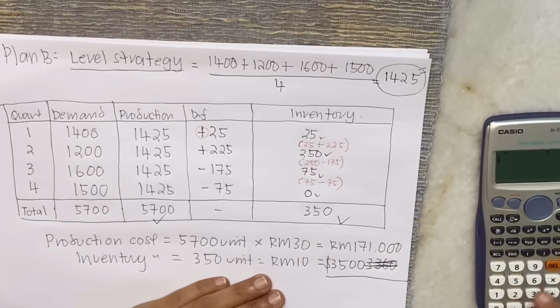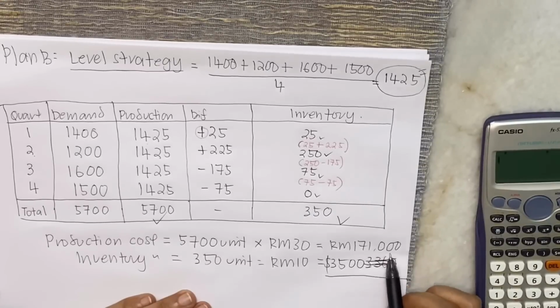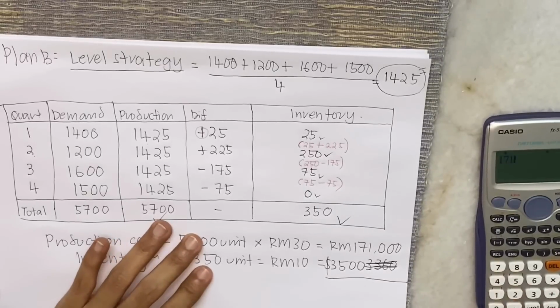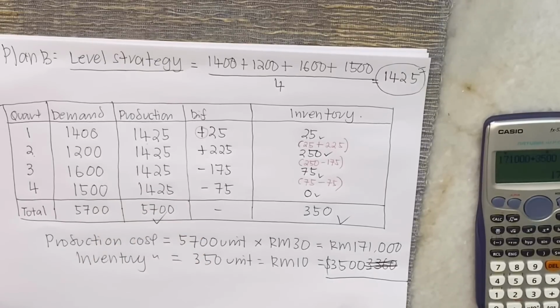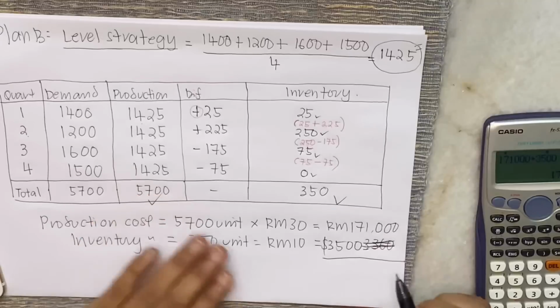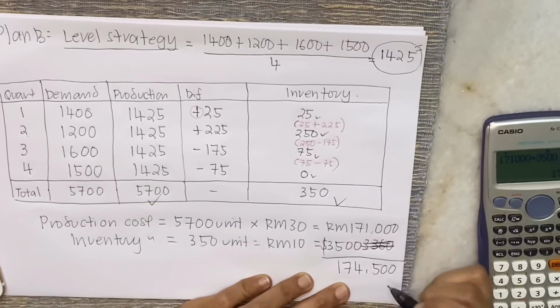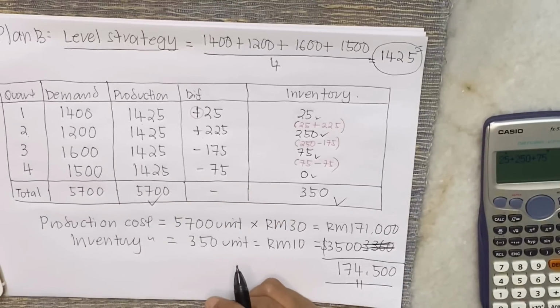So you campurkan dua. Okay, 171,000 plus 3,500, then you got 174,500. 174,500, yeah, right.